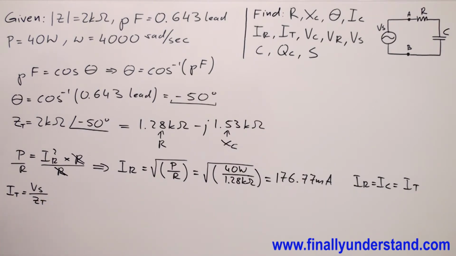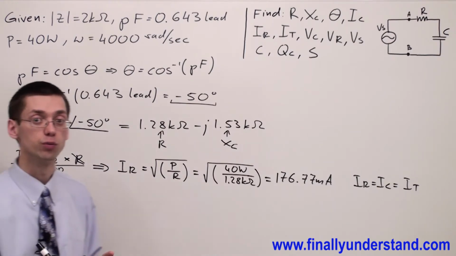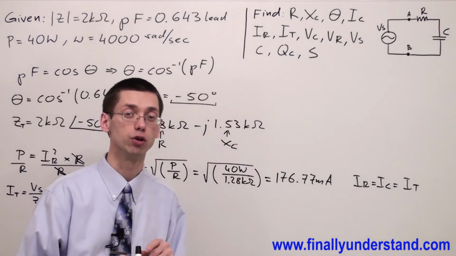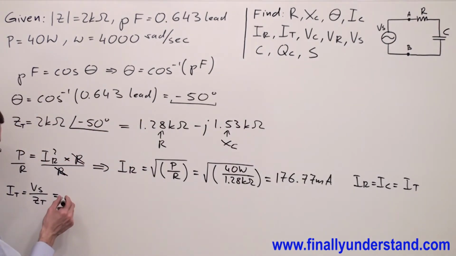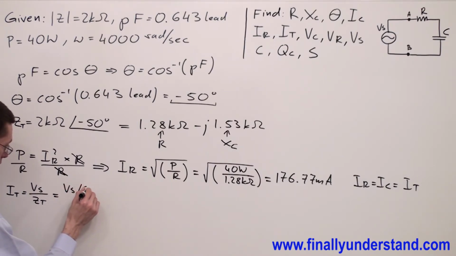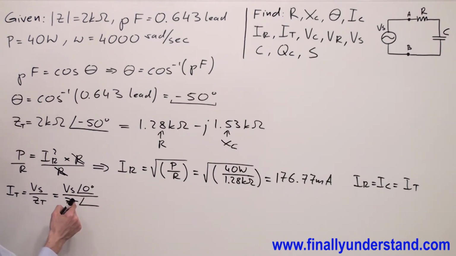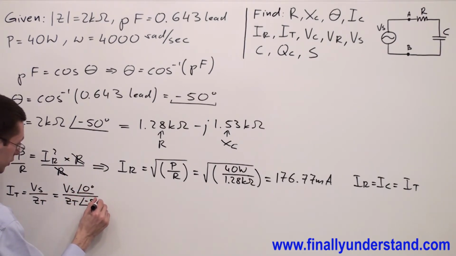The voltage source is not given, so at this moment we are just going to deal with the angle. If the voltage source is not given, I'm going to assume that it always has an angle of 0 degrees. So I simply write voltage source, angle of 0 degrees, over Z total, which has an angle of negative 50 degrees.